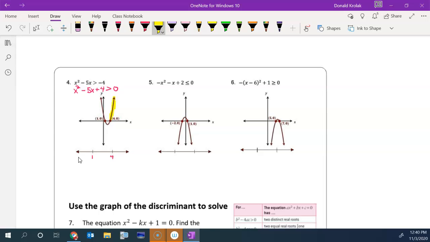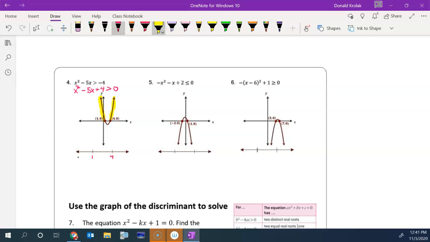I'm highlighting it in yellow. And this is the other place where the graph is positive. When I say the graph is positive, that means the y values are above the x-axis. They're greater than 0.